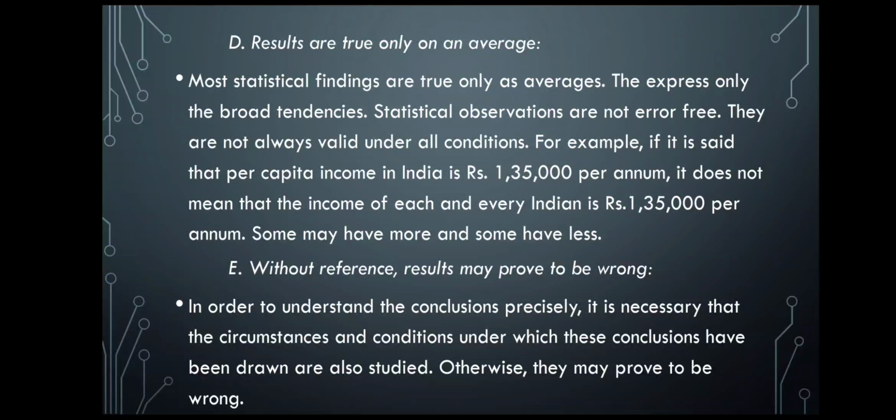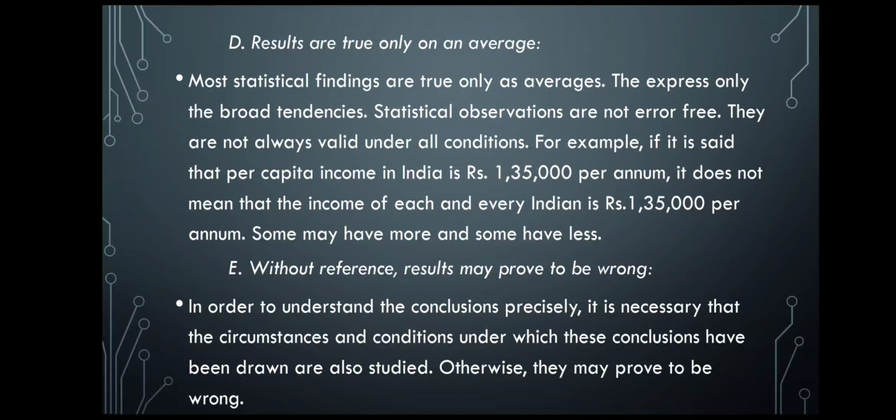They are not always valid under all conditions. For example, if it is said that per capita income in India is rupees 1,35,000 per annum, it does not mean that the income of each and every Indian is rupees 1,35,000 per annum. Some may have more, some may have less.